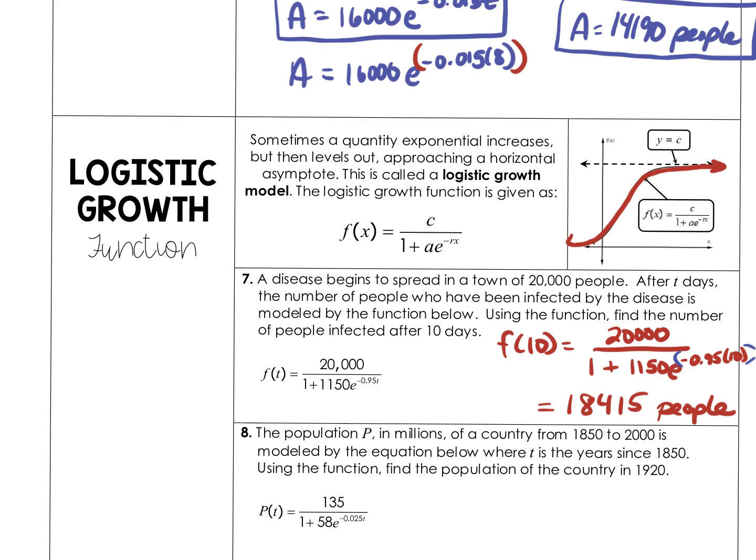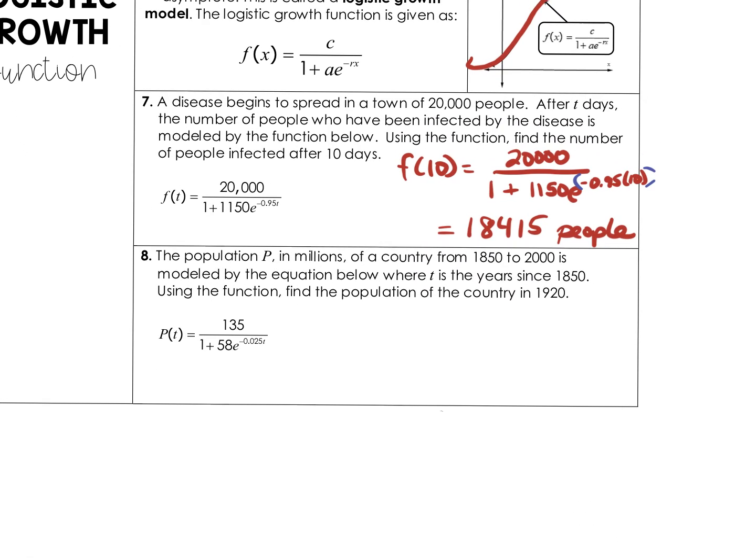All right, last one. A population in millions of a country from 1850 to 2000 is modeled by this equation. Using the function, find the number of people in 1920. Well, if we start in 1850, then t is going to obviously be 70 because there's 70 years between those. So that's what I'm going to plug in for this population.